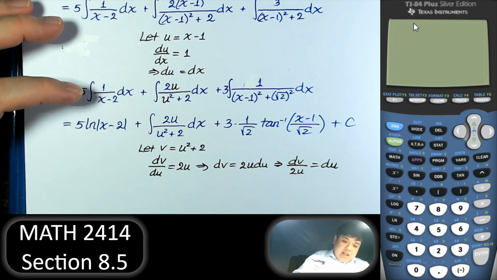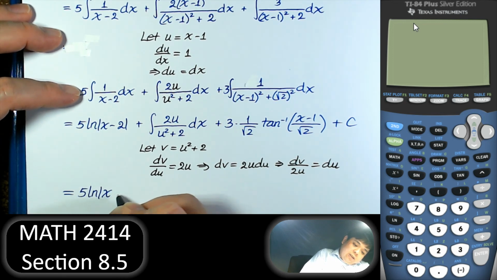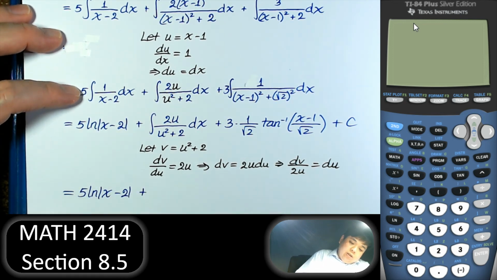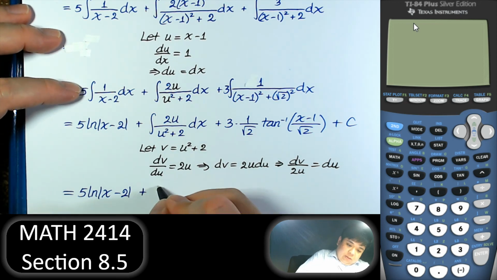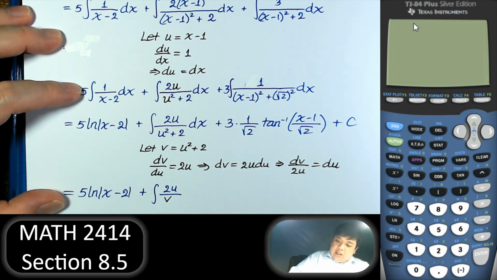I substitute that in here. If u squared plus 2 is v, dx.